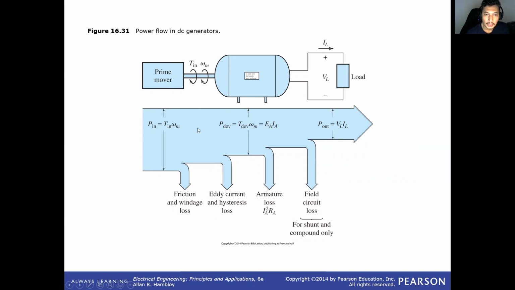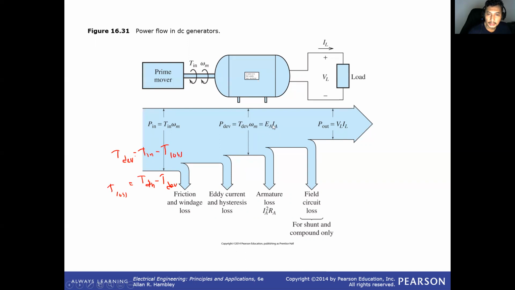As you can see, the torque developed and the torque input are different. The torque developed is equal to T in minus T loss, where the torque losses are due to friction and so on, so T loss is T in minus T developed. The power developed by the generator can be computed using EA multiplied by IA.